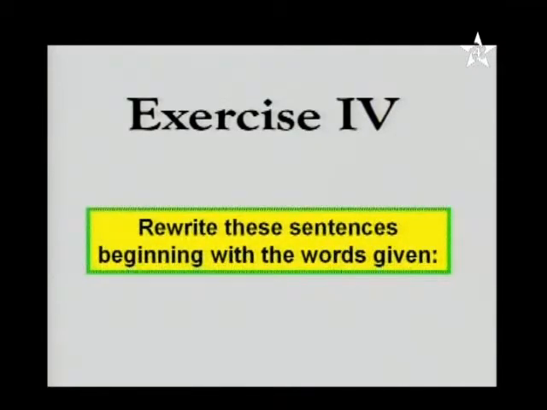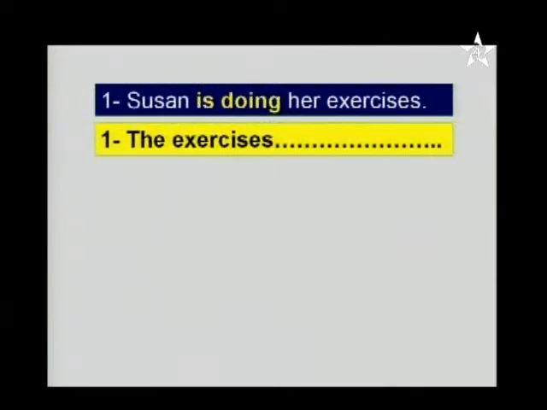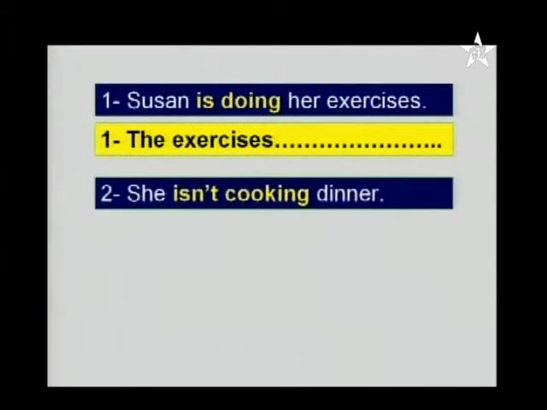Fourth exercise, rewrite these sentences as indicated, beginning with the words given. Number 1. Susan is doing her exercises. So this is present progressive, right? The exercises, remember what we said before? Number 2. She isn't cooking dinner.